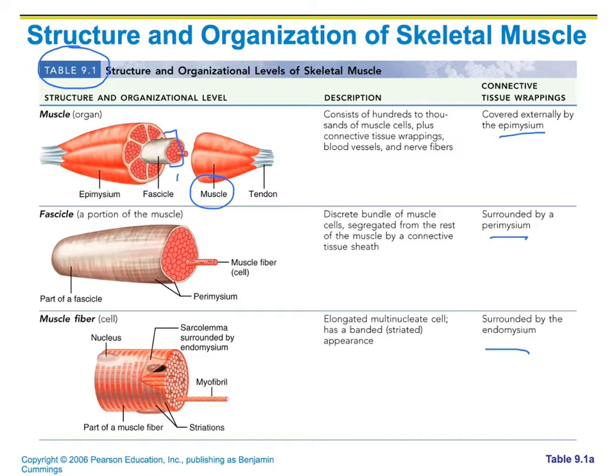If we zoom in on one fascicle here, we see that that's made up of a large collection of fibers. And if we zoom in on one fiber, we see that that's made up of a large collection of fibrils. Now, you're not responsible for the myo part. Save you 3 letters.